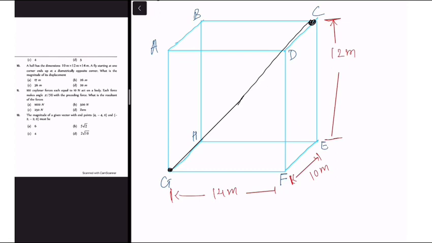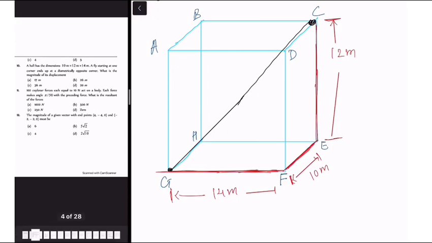Or we are discussing displacement, which is final position minus initial position. Suppose, just for our understanding, the fly is first moving from G to F, then F to E, and then E to C. Suppose this is the path of the fly.